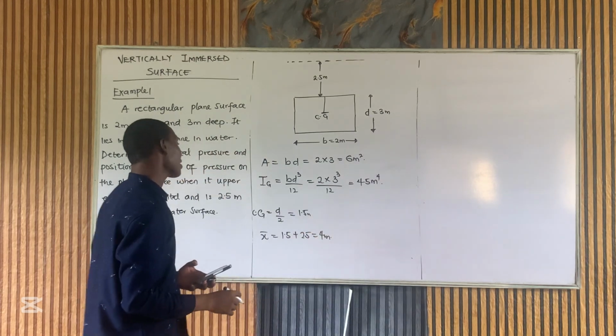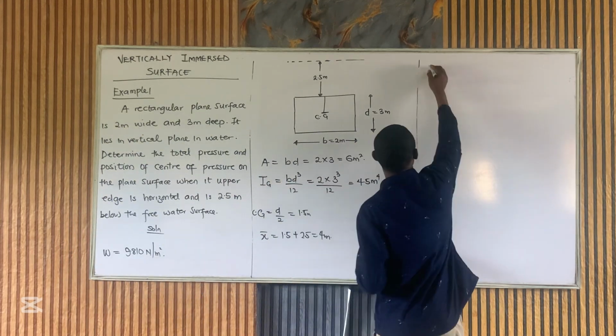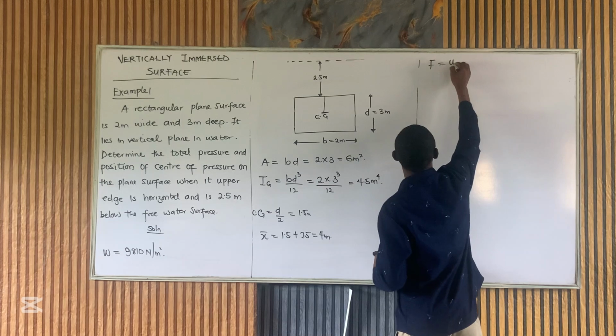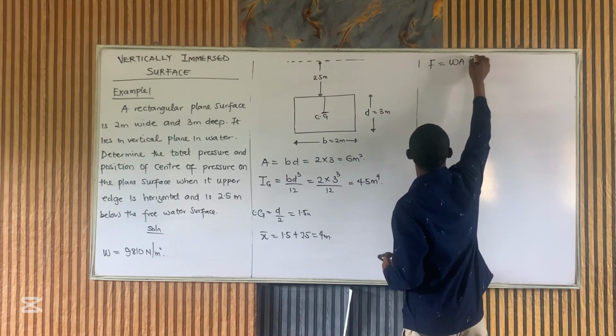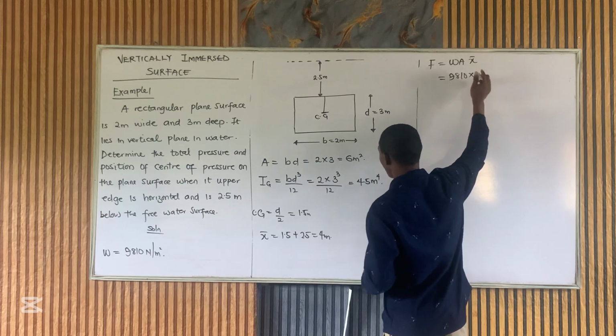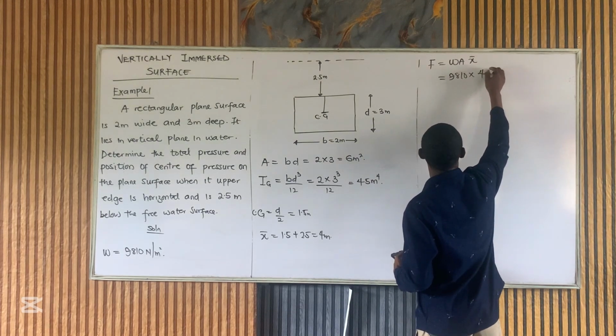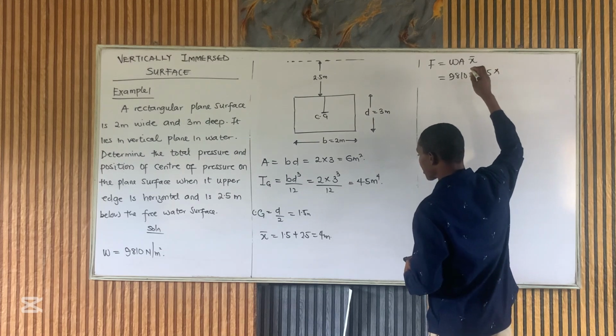So therefore, let's calculate the pressure force now, total pressure force, F, that is W A x bar. And that will simply be 9,810 times the area. And the area is simply 4.5, then times x bar, which is 4.